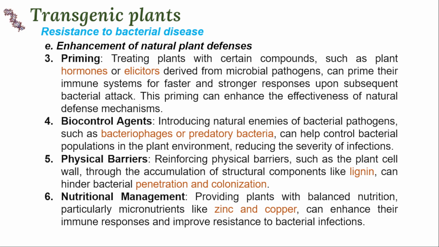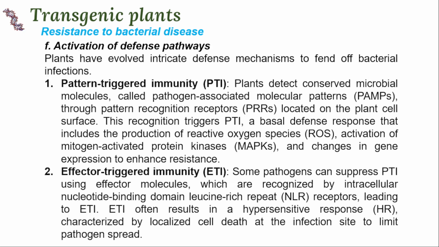And it will even increase physical barriers, like the cell wall: lignin components will be secreted more. Whenever lignin secretion is more, definitely that will easily stop the penetration of bacteria inside the cell wall. And one more approach is called activation of defense pathways. Like we have the jasmonic acid pathway, and other types of pathways are there.